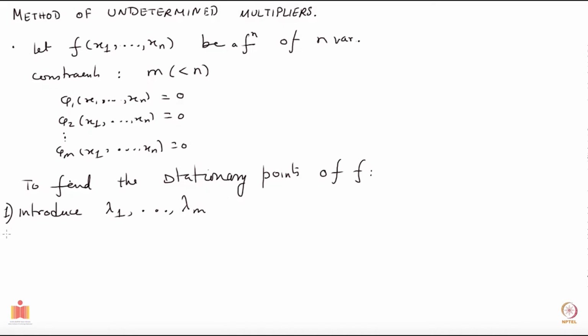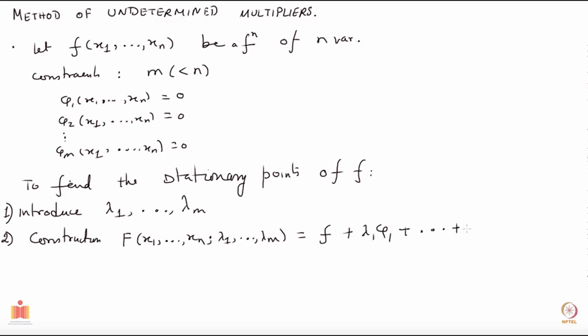So you introduce these multipliers, then you construct a new function, capital F, which is a function of all your original variables and also of all these multipliers. The definition of the function is the following: F is your original function f plus lambda 1 phi 1 plus lambda 2 phi 2, and so forth, up to lambda m phi m. So that's the new function that we have constructed.